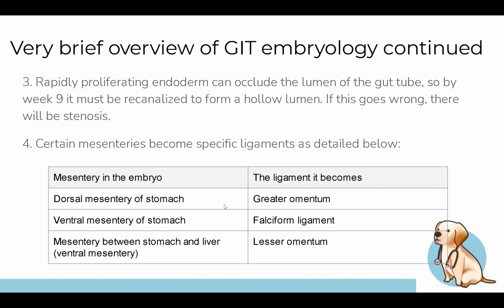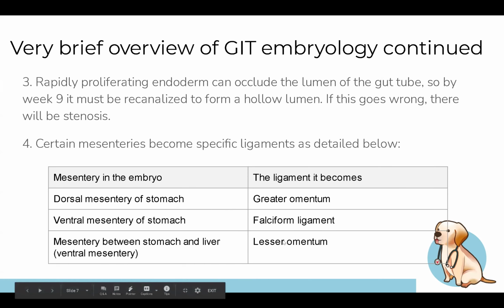And just to differentiate between the embryology and the adult mature form, we rename them essentially. So the dorsal mesentery becomes what we'll later call the greater omentum. The ventral mesentery becomes the falciform ligament, and this specific subsection of the ventral mesentery between the stomach and liver becomes the lesser omentum. Don't worry if you don't know what the greater and lesser omentum is just yet.